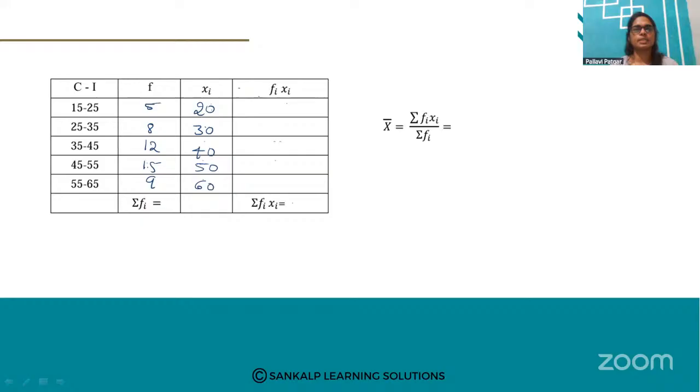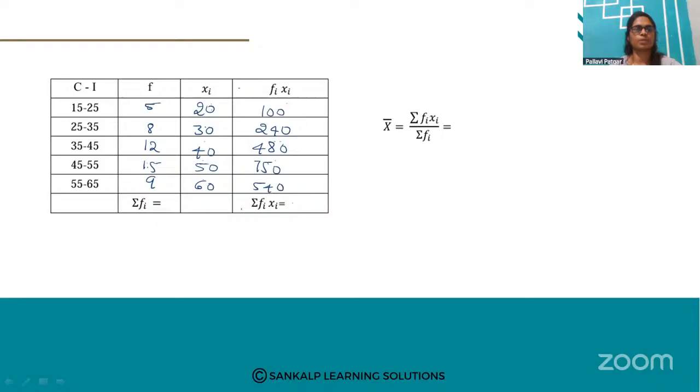So here the product of frequency and class mark, fi into xi, is 5 20s are 100. 8 30s are 240. 12 into 40 is 480. 15 50s are 750. 60 into 9 is 540.